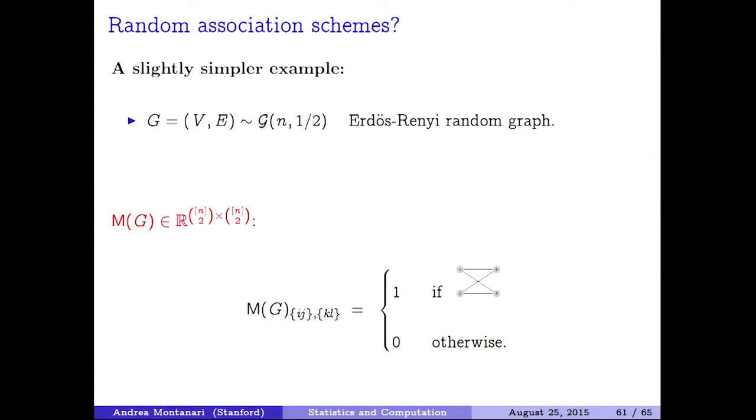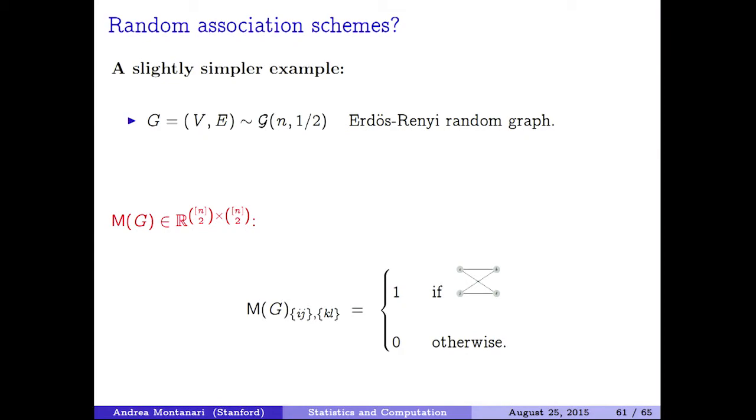Take an Erdős-Rényi random graph, G(n, 1/2), edge probability 1/2, and then you construct a matrix out of this graph of size n choose 2 by n choose 2, so indexed by subsets of size 2. And the way you construct this matrix is the following. You put a 1 every time these two subsets induce a complete bipartite graph, and 0 otherwise, say.